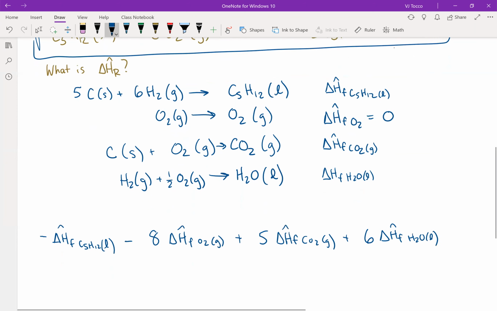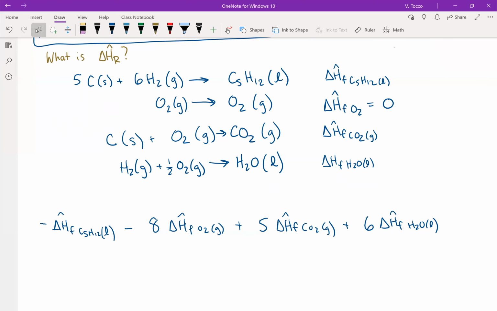Now, if I did that correctly, everything else should cancel out. So in other words, I would get C5H12 goes to 5C plus 6H2, subtracting 8 times heat of formation for O2.